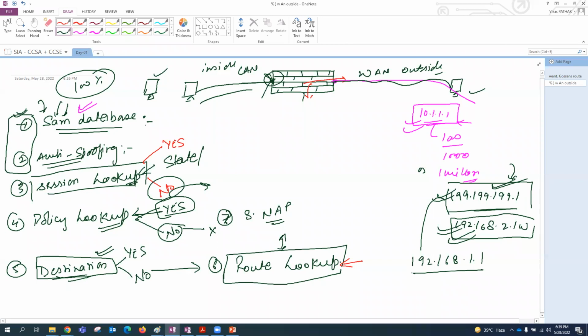So do I have any policy which says before moving further, I have to change this source IP address? If the policy is there, this source will be converted. Otherwise, if the answer is no, this will not be converted.